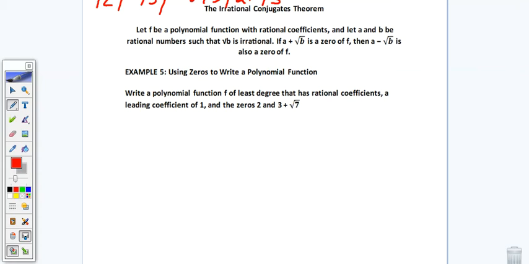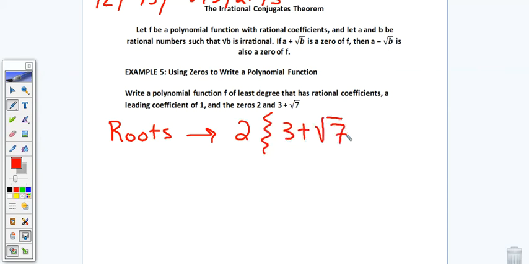Okay, here's the deal. I'm going to write down my roots first here, kids. My roots are going to be 2, 3 plus the square root of 7. Those are my only roots, right?